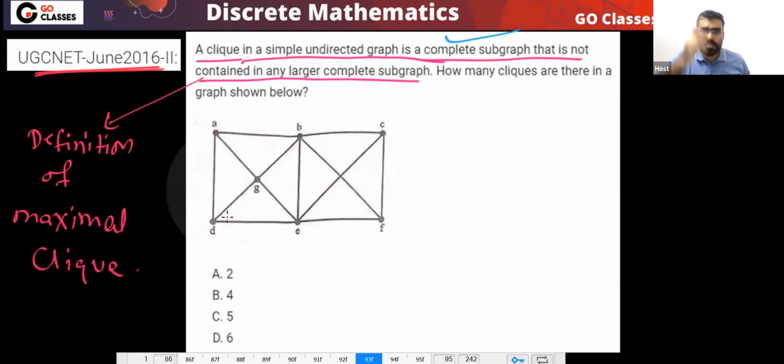Is this clear? This understanding is very important in the exam. When you see this statement, you should find that this is the definition of maximal clique. This is not the definition of maximum clique. This is the definition of maximal clique, and this is important.